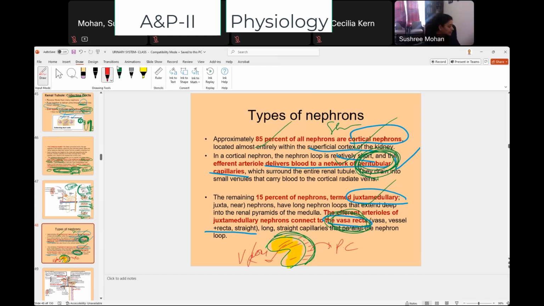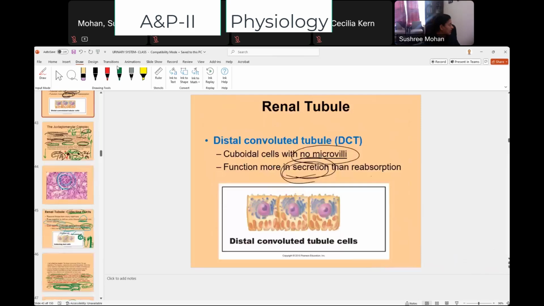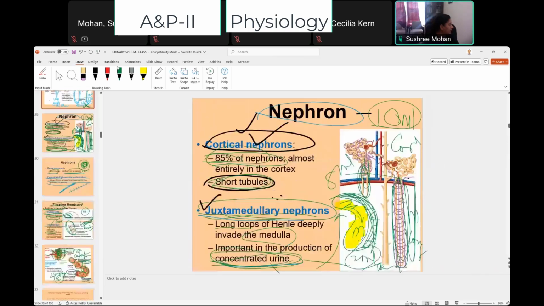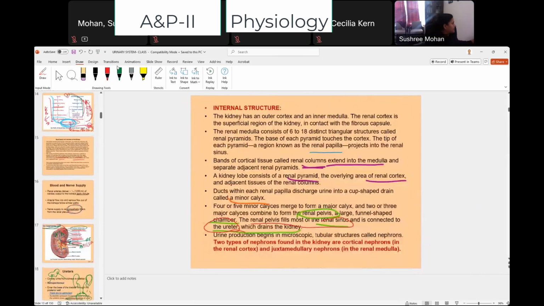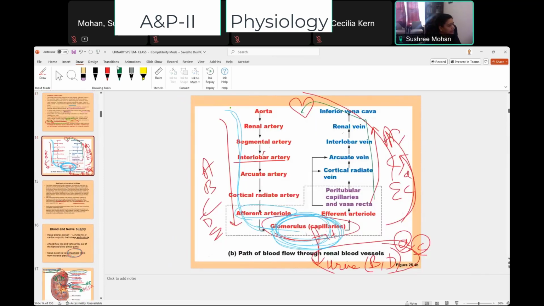I am talking to you about this slide. While the blood is returning back, either it is through the cortical nephrons, so it is going through the peritubular capillaries, or it is going through the vasa recta, because those nephrons are present in the juxtaglomerular part, and then it joins with the cortical radiate and goes like this.